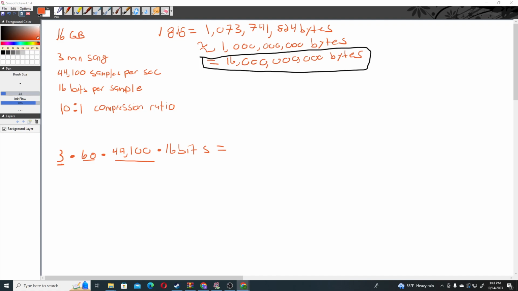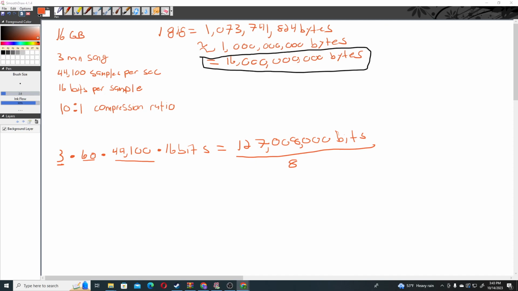And we're going to get 127,008,000 bits. We don't care about bits, all right? We need to convert this to bytes because our memory is expressed as bytes. So we're going to divide this by 8.